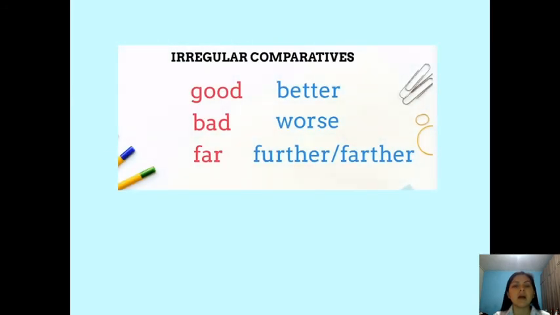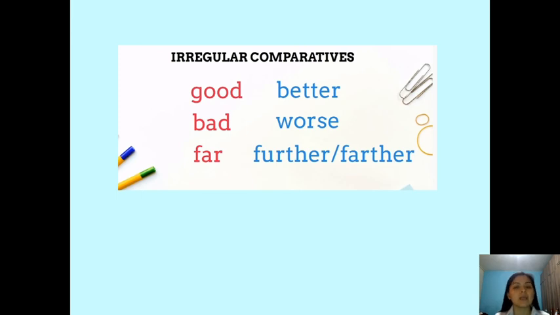Let's continue. Now we have the irregular comparatives. So we don't add ER, we do not add more, but we are going to change the word. For example, good is the adjective, and the comparative form is better.